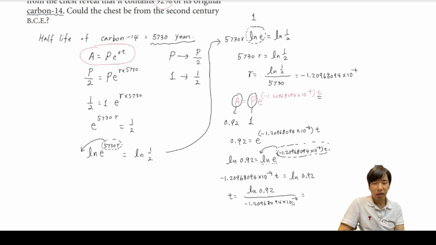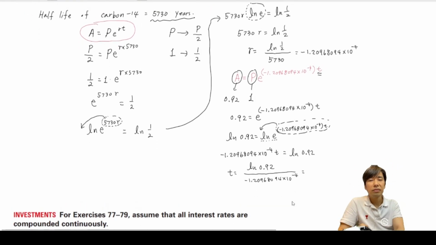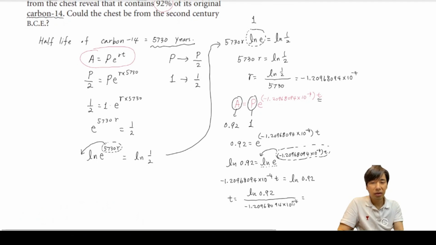So put that into your calculator and you'll see that ln 0.92 divided by negative 1.20968094 part of negative 4, then this is 689.2.